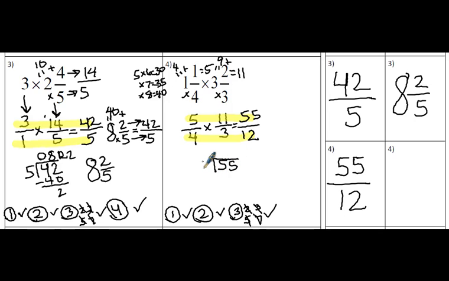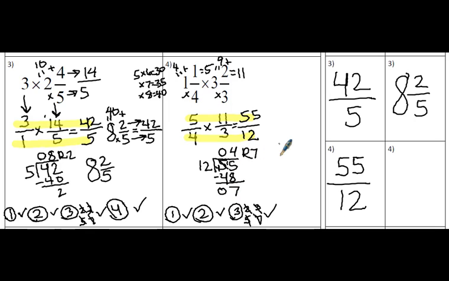So I could do 55 divided by 12, and 12 goes into 55. Well, 12 goes into 5 0 times. It goes into 55 4 times, and 4 times 12 is 48. And I can't do 5 minus 8, so I'm going to borrow from this other 5 to make it 4, and 15 minus 8 is 7, and 4 minus 4 is 0.